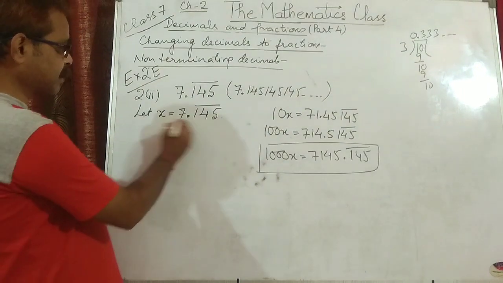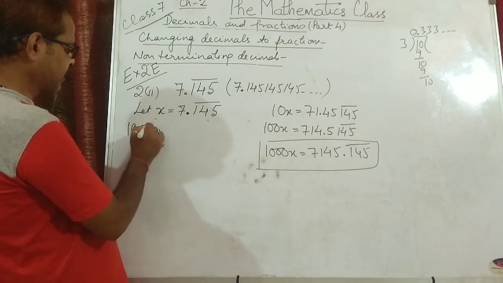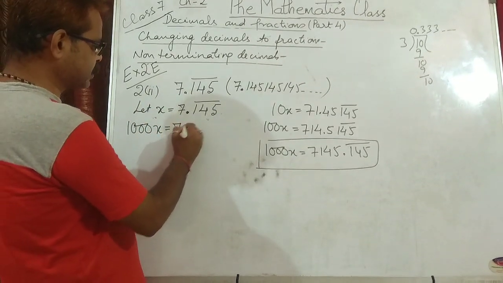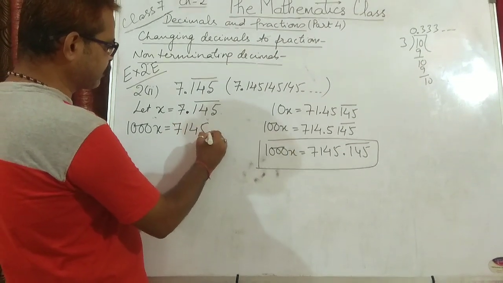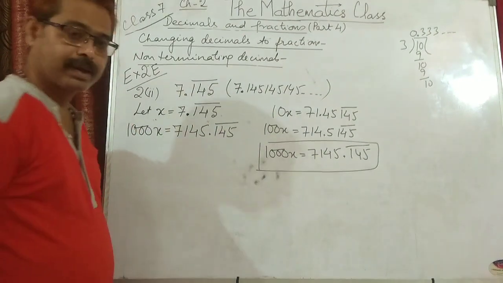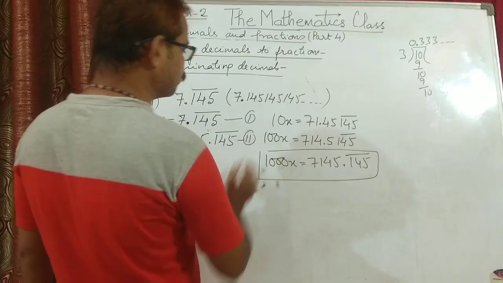Means if I multiply both the sides by 1000, this will become 1000x and the right hand side will become 7145.145 bar. Now let us name it as equation number 1. This is equation number 2.